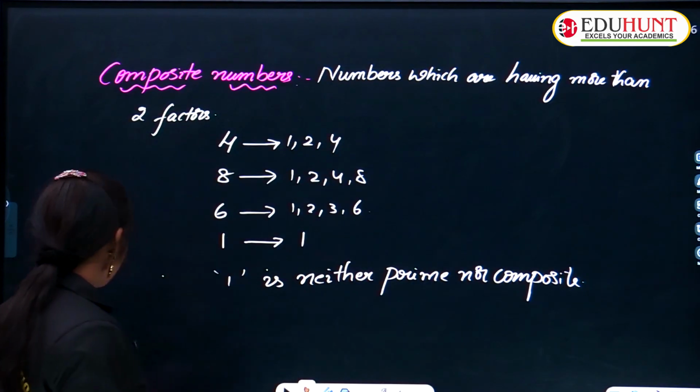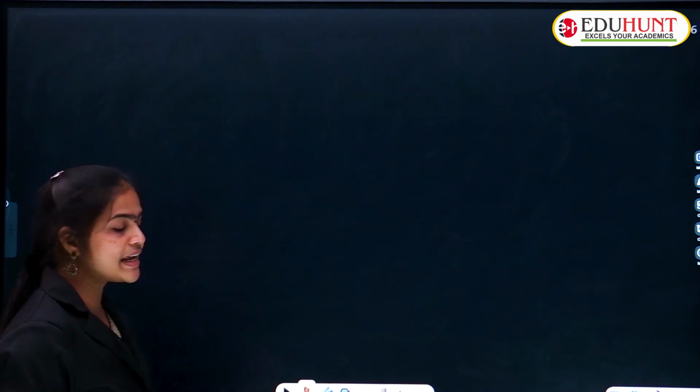Okay? Now see how to identify prime numbers and composite numbers. Here I will write 50 numbers and I will tell you.